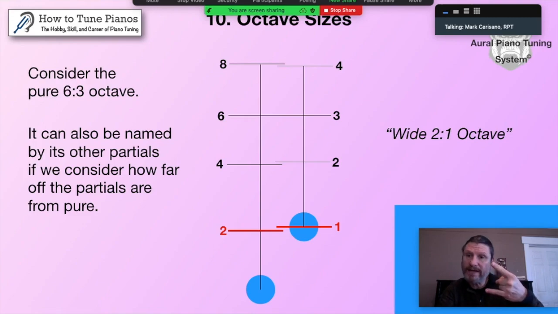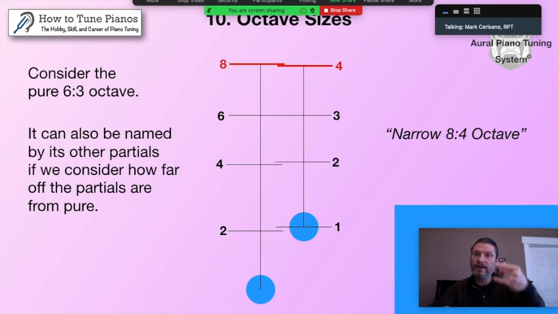That makes it a wide 2-1. Same thing with this 4-2. The 2 is a little higher, and the 2 belongs to the top note. So that makes it a wide 4-2 octave. And up here, for the 8-4, the 4 belongs to the top note, and it's lower. So we have a narrow 8-4 octave.